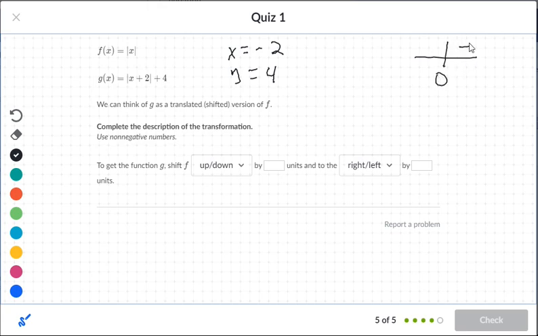This is 0, this is positive, this is negative, this is to the right, and this is to the left. So the right is positive, left is negative, so we know this is left. We're going to go left. Actually, we're going to go left 2. The positive 4 is up, because we know if it's positive it goes up, if it's negative it goes down. So we want to go 2 to the left, we want to go 4 up.